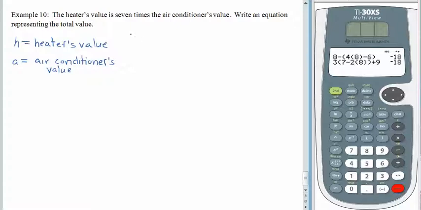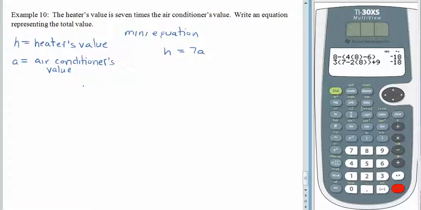This information about the heater is going to give us a mini equation. The heater's value, that's H, equals 7 times, I have to multiply, 7 times the air conditioner's value, 7 times A. Right, the heater is more expensive than the air conditioner.